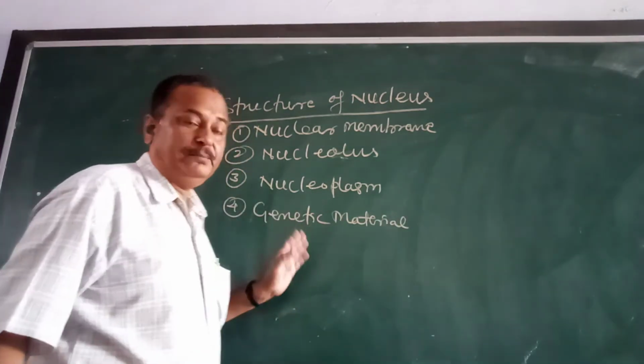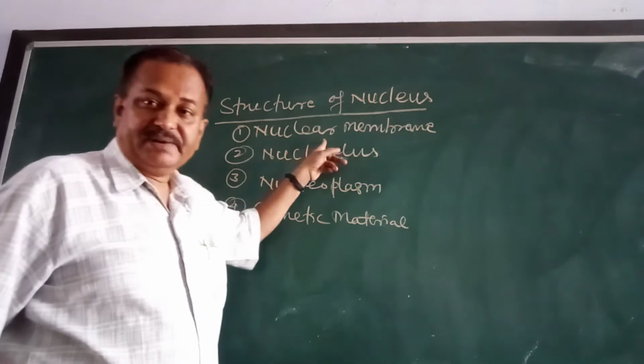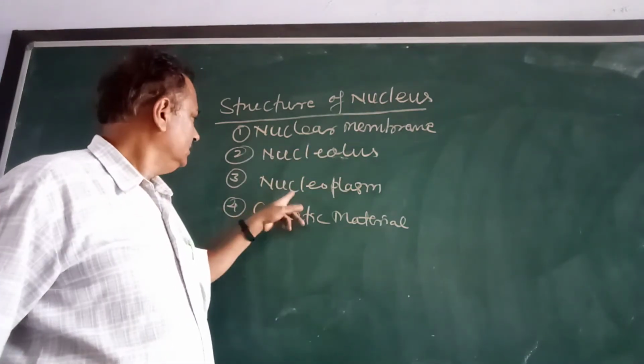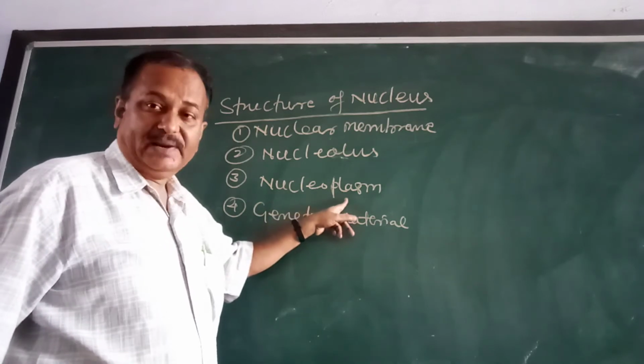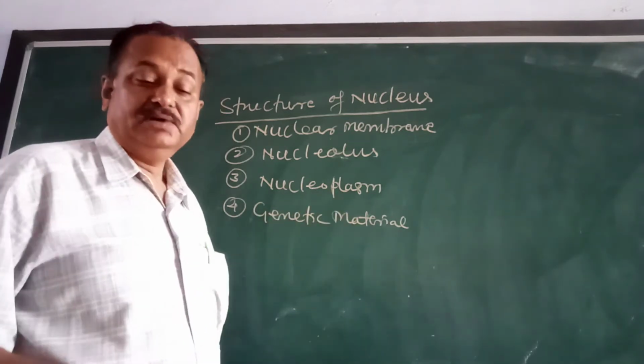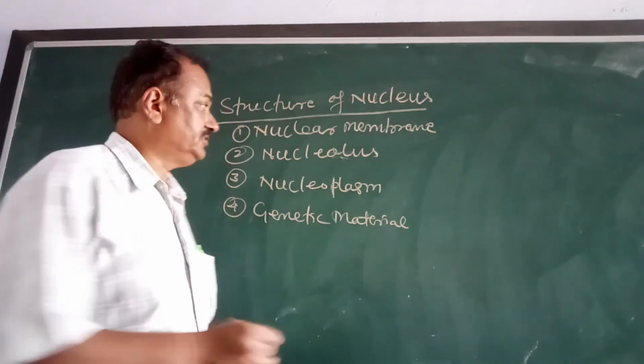So these are the four components: nuclear membrane, nucleolus, third is nucleoplasm, and fourth is genetic material. Now I am going to detail about this.